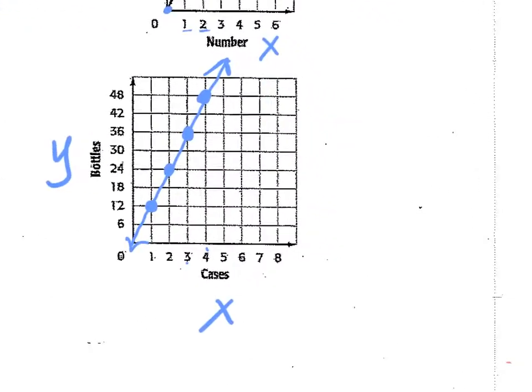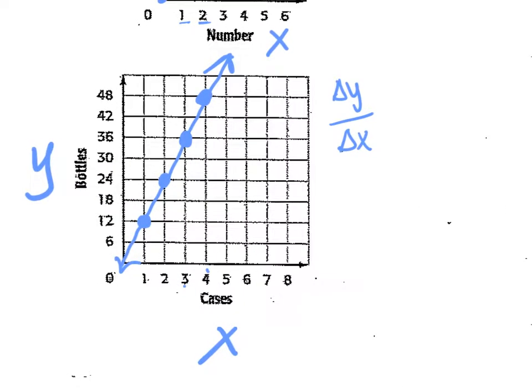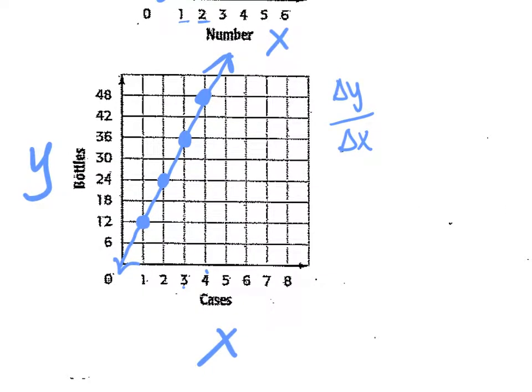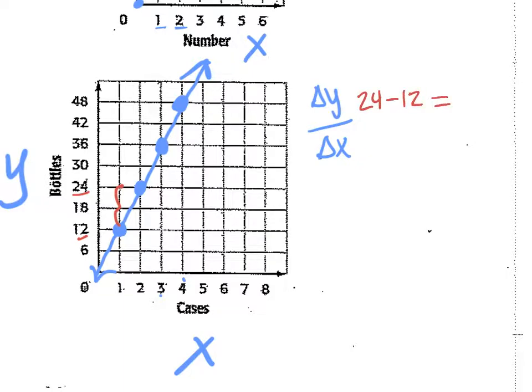Okay, so looking at my graph, I want to find the rise over run, or the change in y over the change in x. So I'm going to use these bottom 2 points. From 12 to 24, what is that change in y? 12.